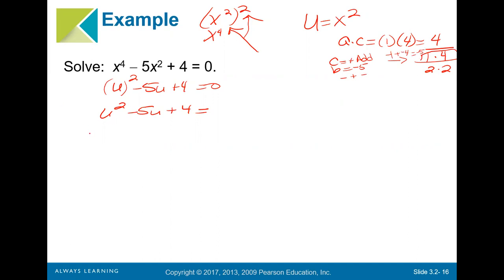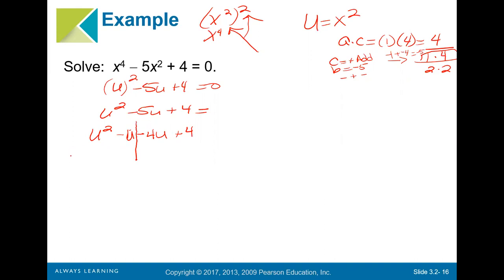Let's factor it. So I have u squared. Remember, bring down the first, bring down the last, and then let's replace the middle with negative 1 times u minus 4 times u. All right, and now I'm going to split it in half and let's factor it.